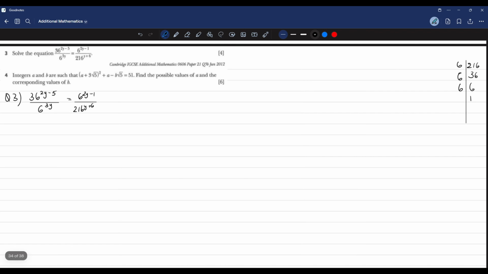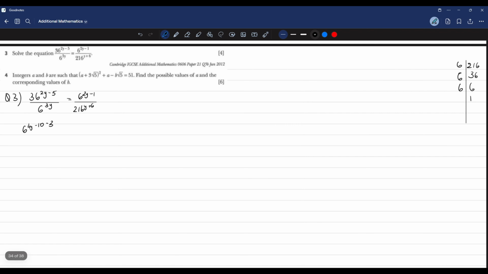Now simplify all of the equation. We get, what is 36 in terms of 6? Yes, we have got 6 raised to power 2, which is 2 multiplied by 2y minus 5 would become 4y minus 10, divided by, in fact, just write it this way because the denominator is going to come into the numerator. So we are going to subtract it.